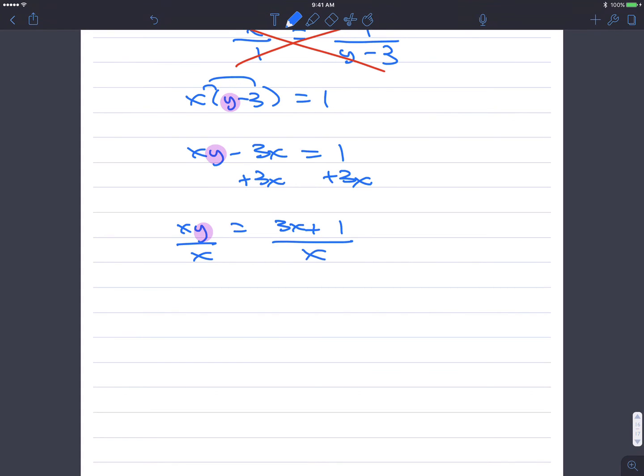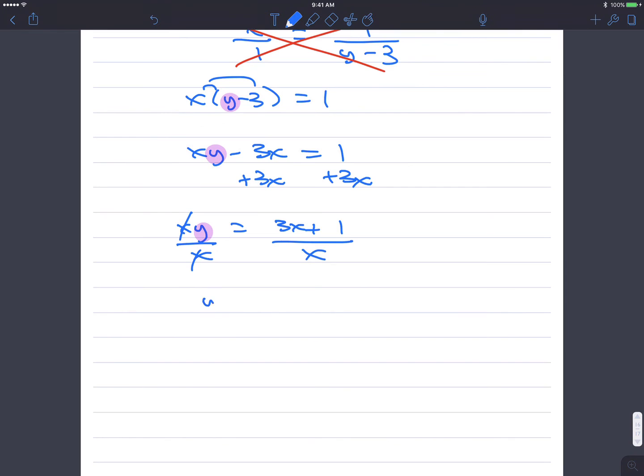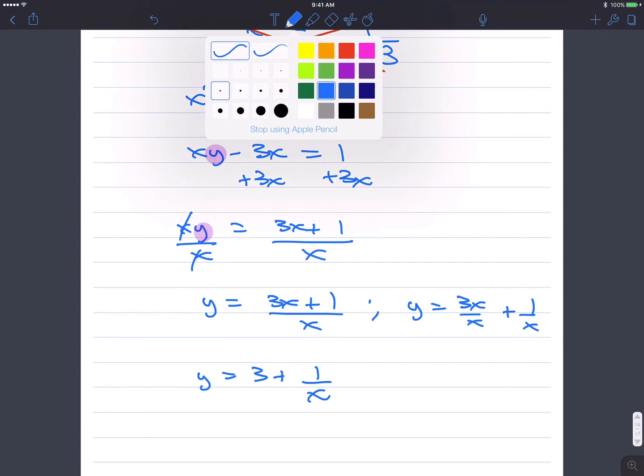Look at that. Amazing. y is 3x plus 1 over x. And then sometimes people write this as y equals 3x over x plus 1 over x. Sometimes people will say 3 plus 1 over x.